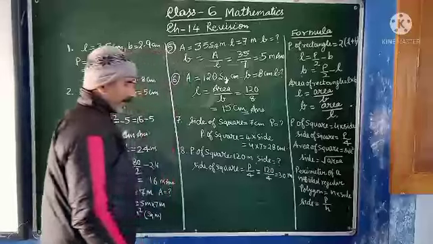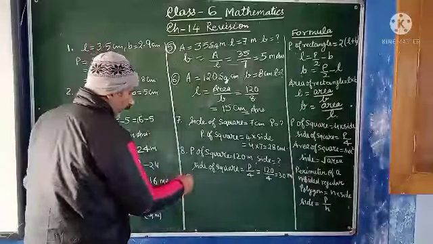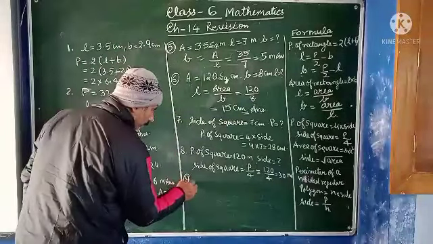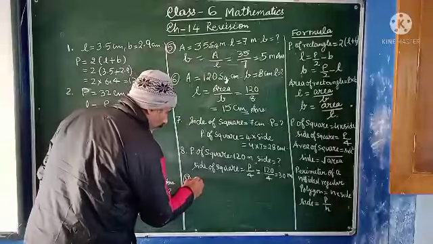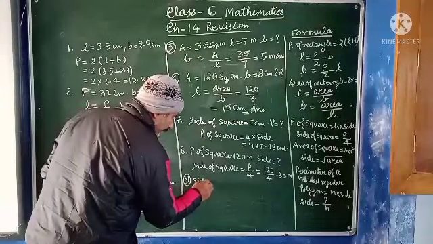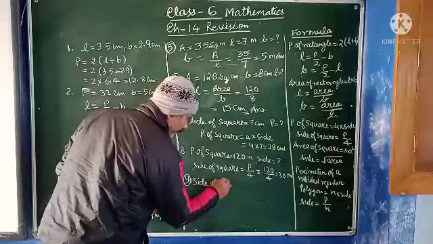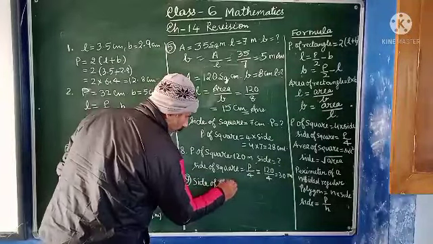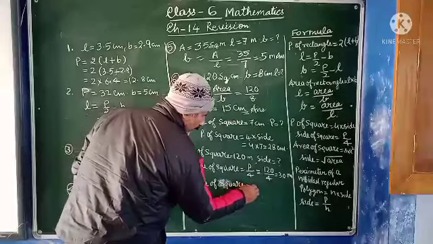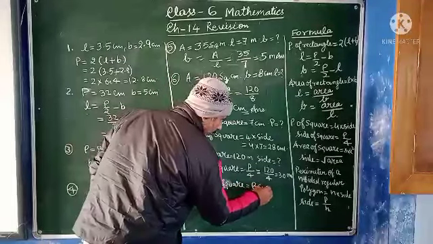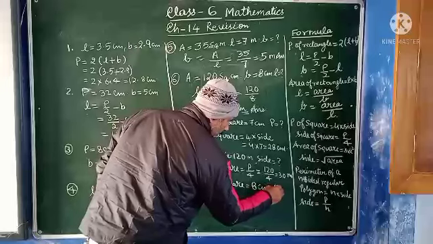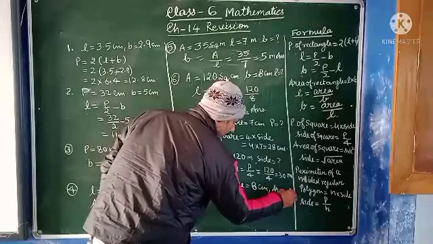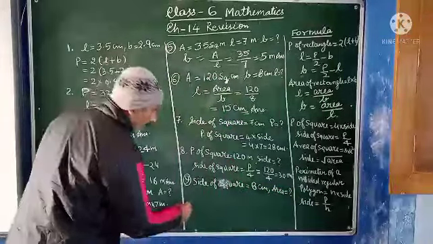This is the answer. Now for area: the side of square is given as 8 centimeter and we have to find the area. So you just write the formula for the area of square.